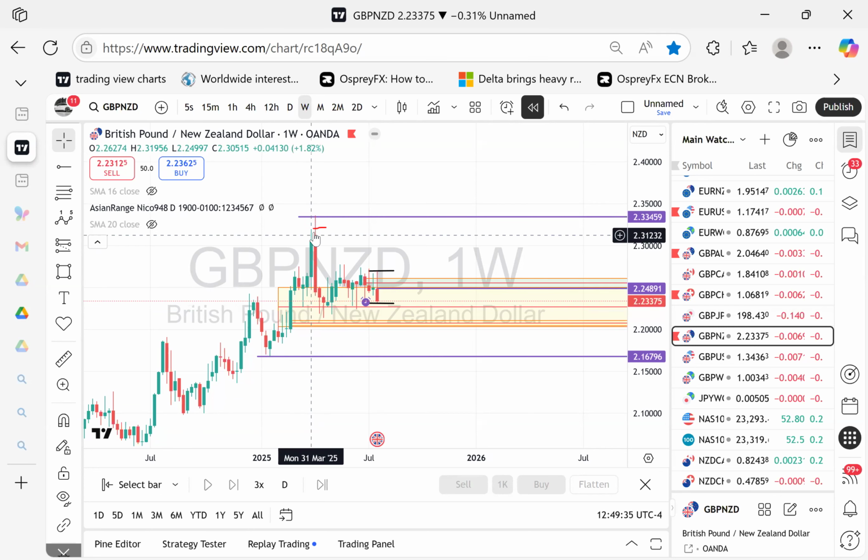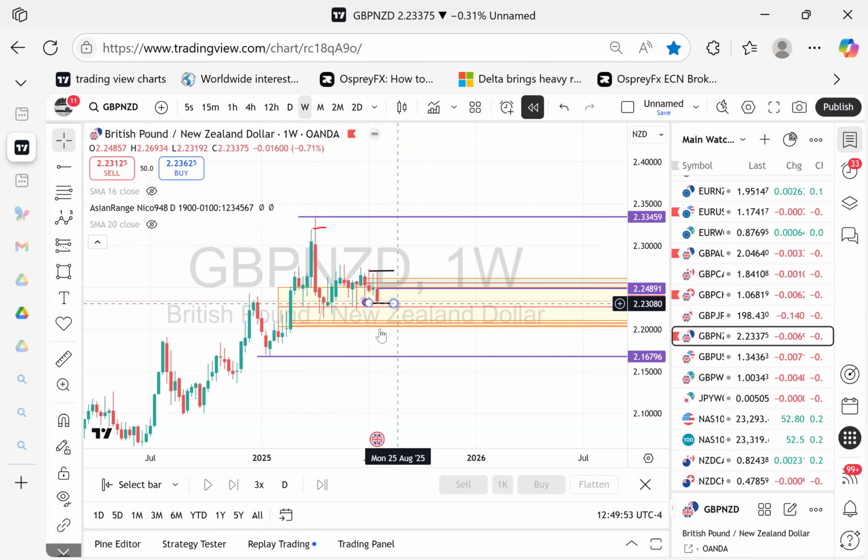What the textbook answer is, you wait for price to pull back to this zone that we've identified. You just sit here. Once price hits this zone, you zoom in to see if you get a change of character, and price breaks a high, pulls back, and now you're in for the buy. That's the way most people would teach you to do it.